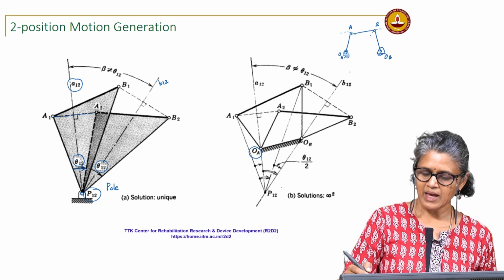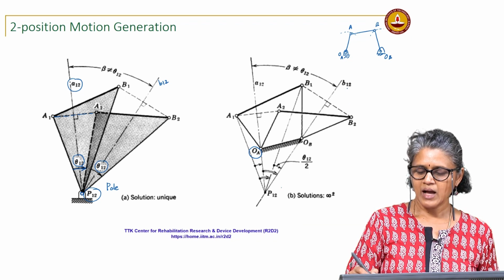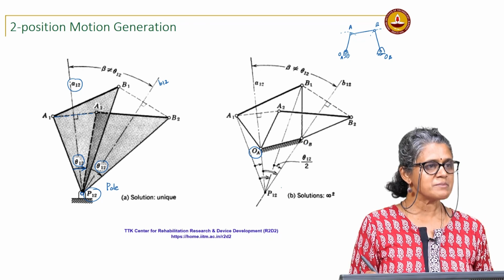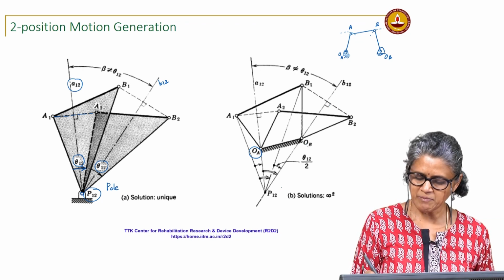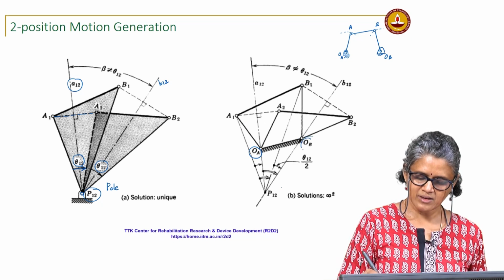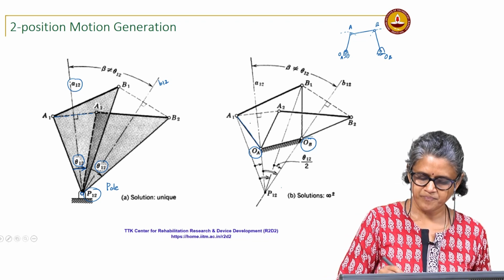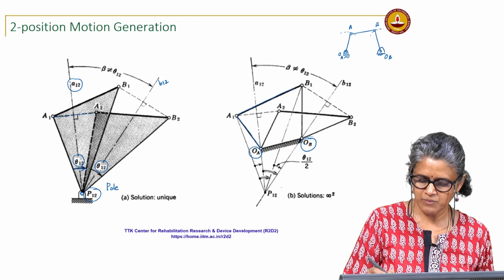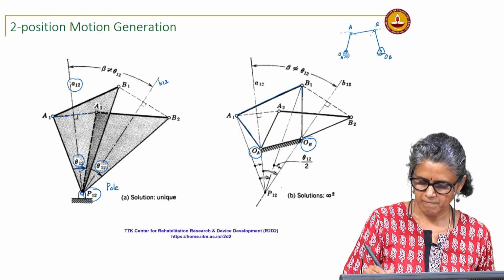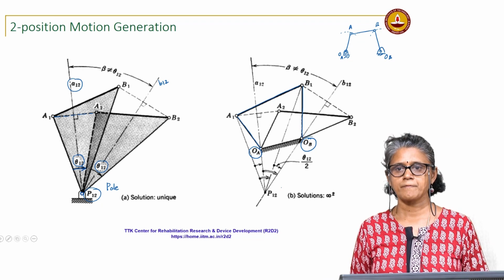Similarly, again for B1 B2, I pick a point on the perpendicular bisector. So, if I locate my fixed pivot there, then I get my 4 bar linkage OA A1, A1 B1, B1 OB. Okay.